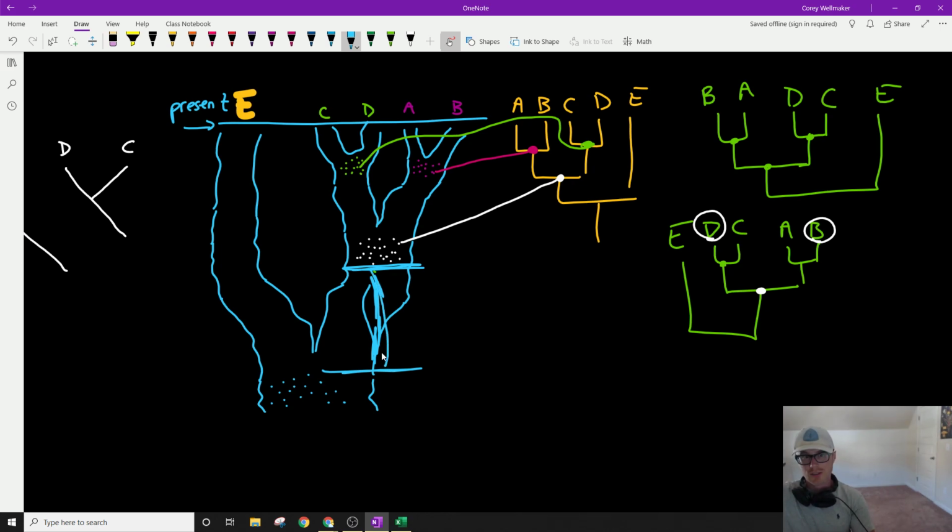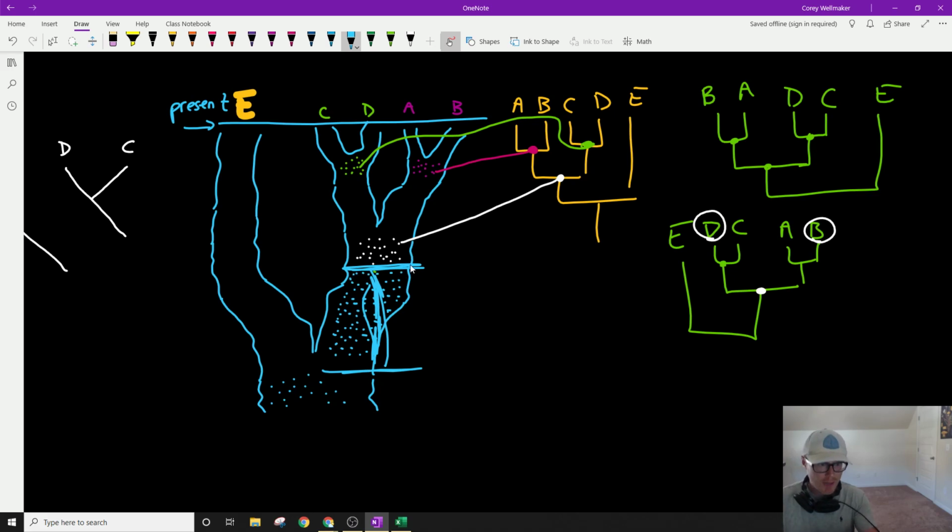It could be thousands or tens of thousands of years of time. Well, that is time where genetically, this is a gene pool that is shared between the C and B lineages.